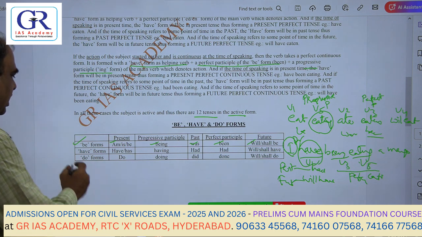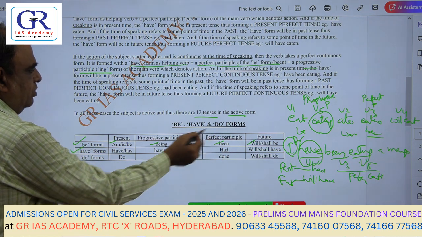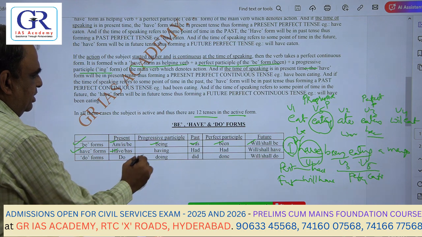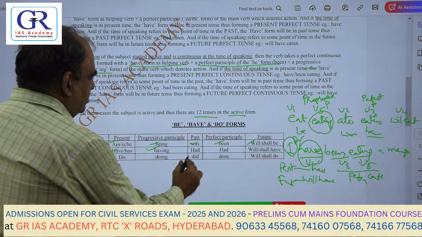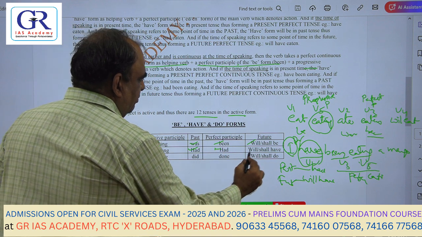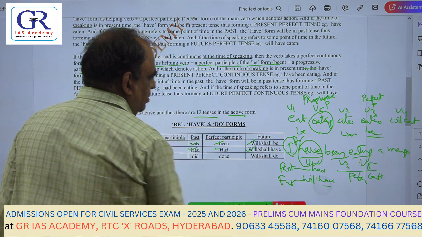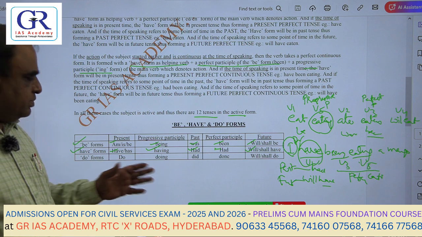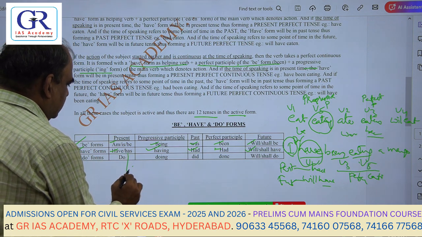Okay, and then have forms are there. Same, I have told you, have and has are in the present tense. Having is the progressive participle, had is the past participle, had is the perfect participle, will have is the future participle. Okay, and then do forms are also there. Do, does.